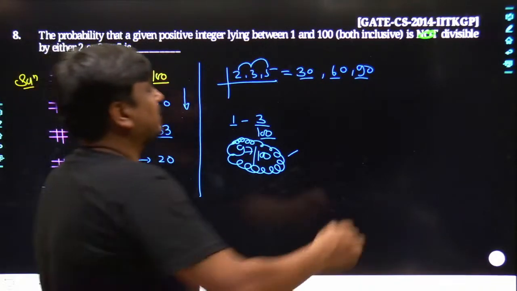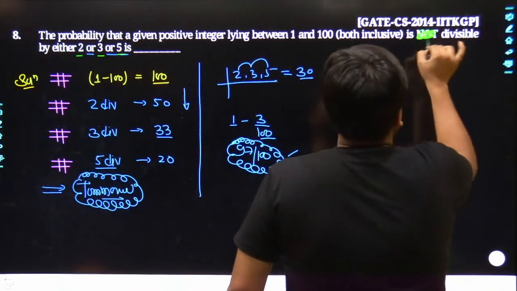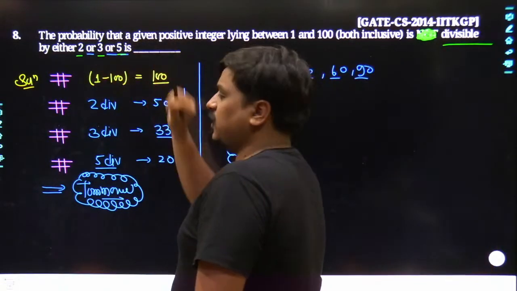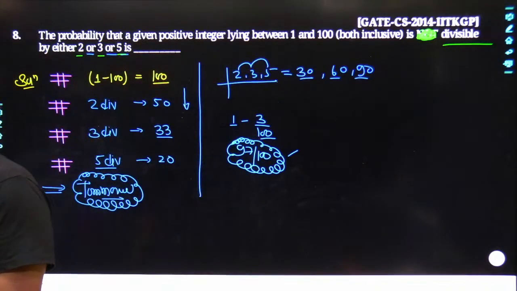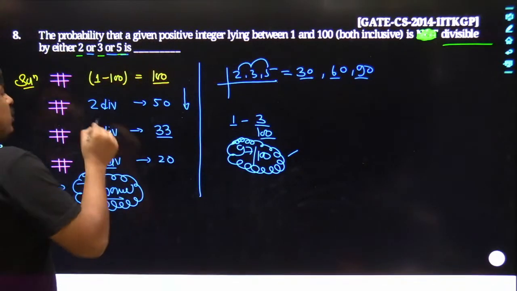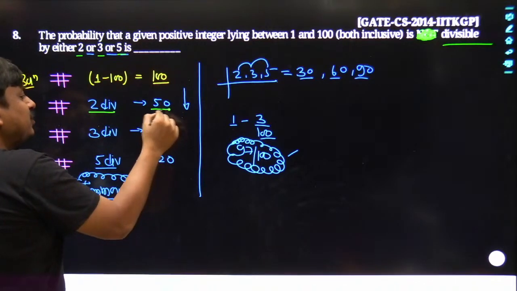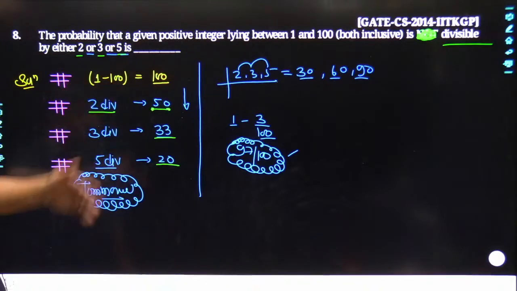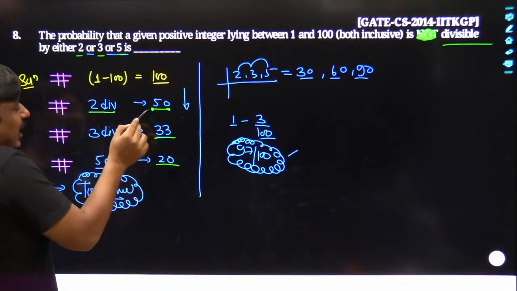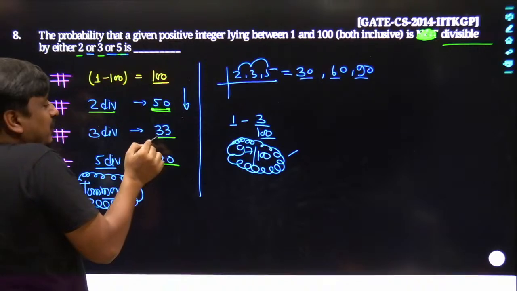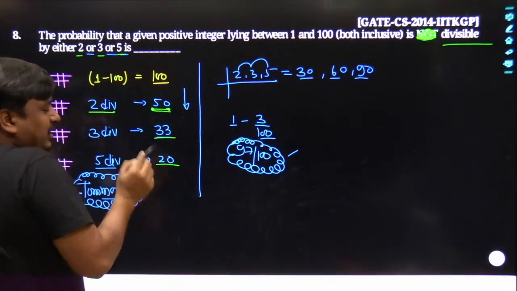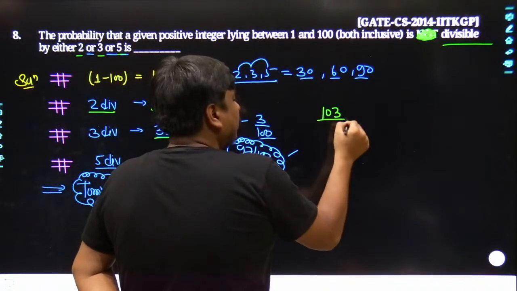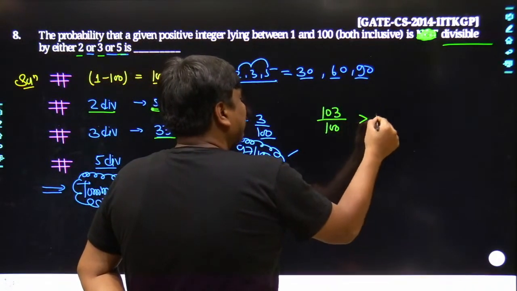May I know what would be the answer for this given problem? That must be either divisible by 2 or 3 or 5. In that case, you just had to try to understand. You would say how many numbers are divisible by 2, that is 50, then 33 as well as 20. But once you add them together, you will see how much the addition is. 50 plus 33, that's going to be 83. 83 plus 20, that would become 103. 103 favorable cases out of 100, and this value would go beyond 1.